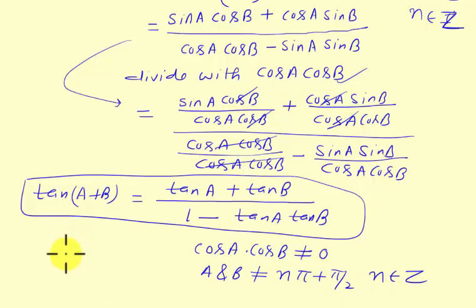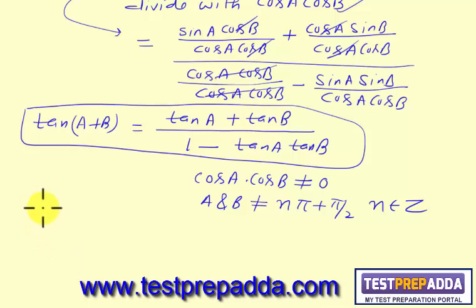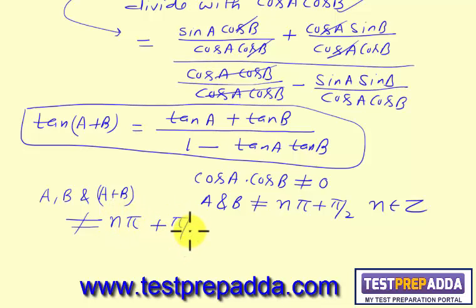So this tan(A+B) identity is correct if A, B and A+B, these angles are not equal to n pi plus pi by 2. Got it? Where n is an integer.